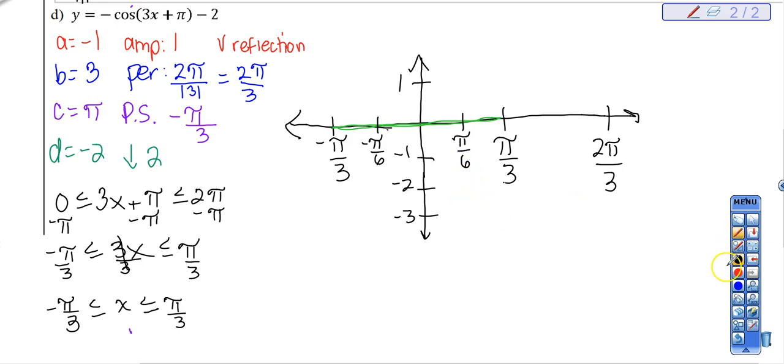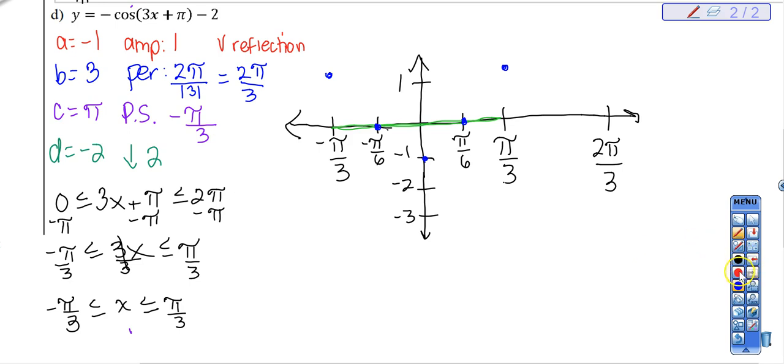Okay, so if I draw the cosine function, it starts at 1 on the y-axis, right? Then hits the 0, hits the trough, hits the 0, comes back up to the peak. So there's what the function would be if there was no vertical action happening on the graph.